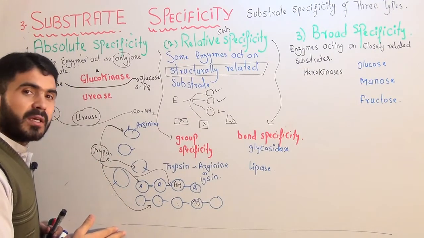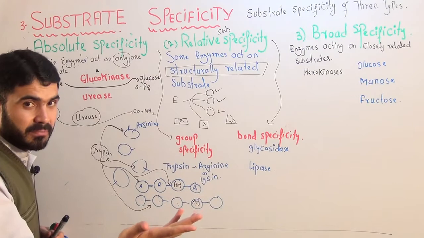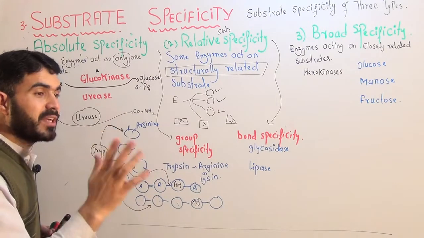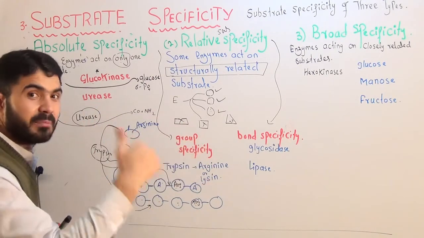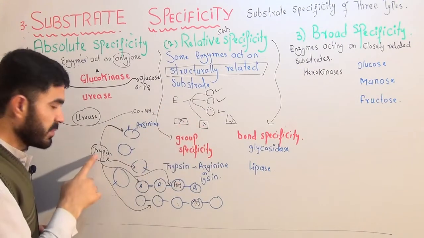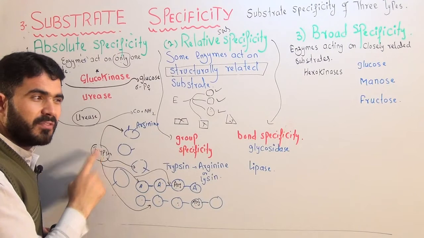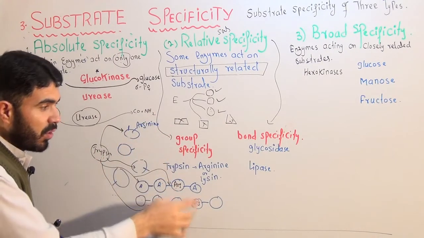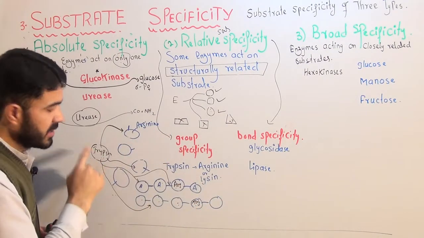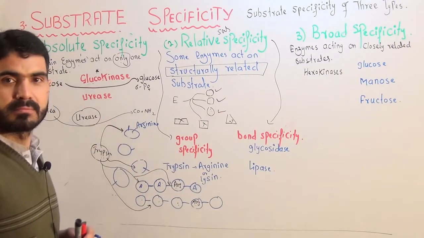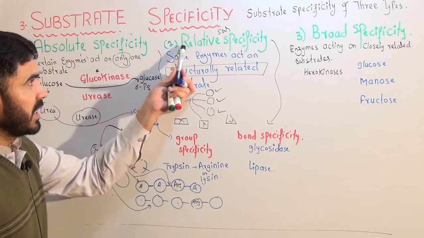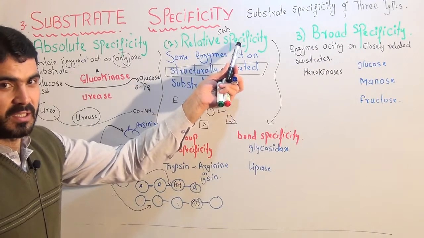Now, if you bring 10 different proteins, listen carefully, meaning 10 different substrates in front of the trypsin enzyme, provided these 10 proteins contain arginine or lysine, then the trypsin will act on them. So this is called relative specificity.